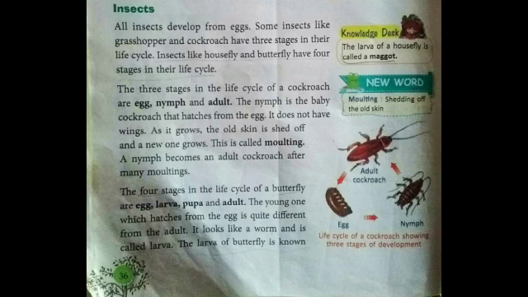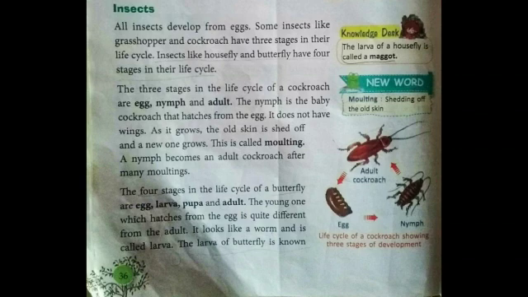It does not have wings. Nymph does not have any wings. As it grows, the old skin is shed off and a new one grows. This process is called molting.